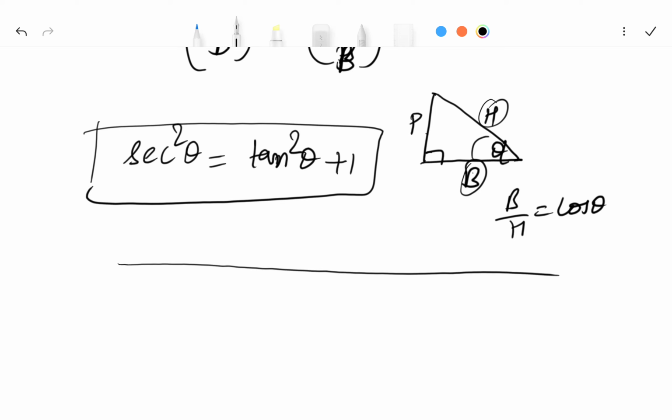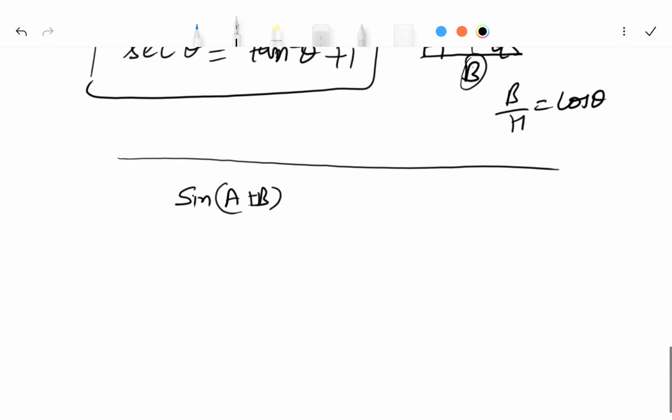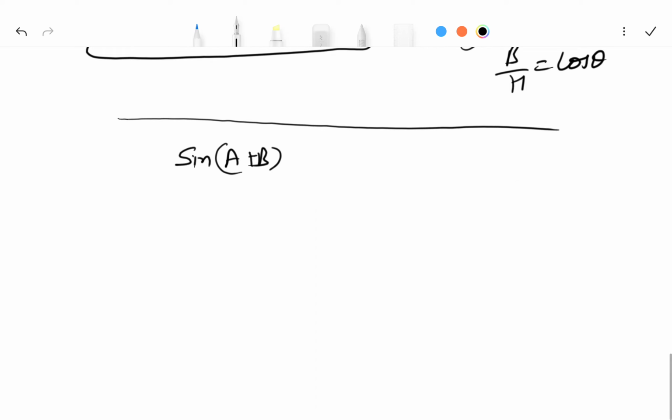Now I am shifting to other formulas. Now I will derive the sine a plus b formula, and in this set there are four formulas. I will derive them in a single shot. First I want to tell you about de Moivre's theorem.